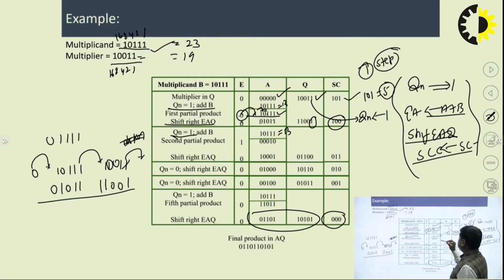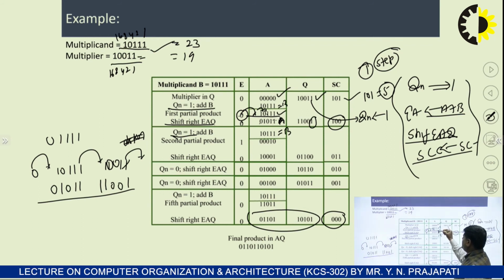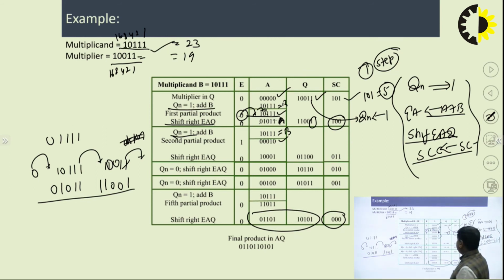Now this is A, now this is the B: 1, 1, 0, 1, 1, 0, and carry bit 1. Now this is the A plus B and shift one bit to the right side. Now the last bit is carry. Now this 1 is shifting.